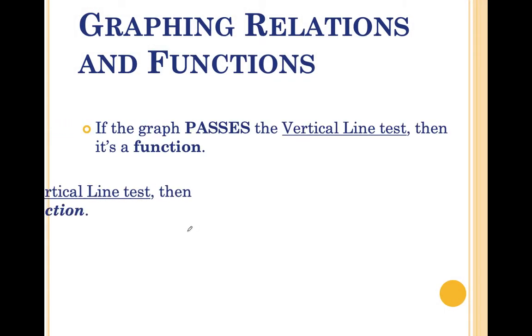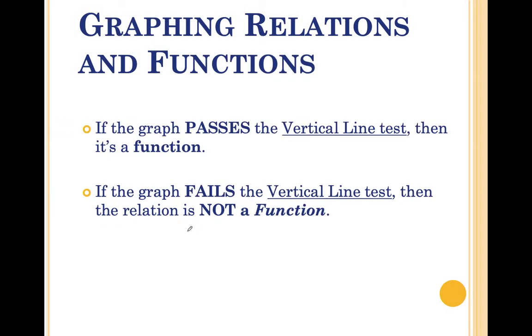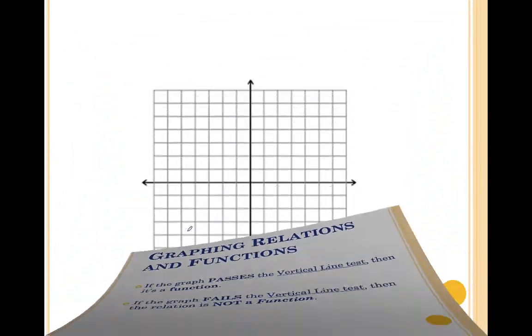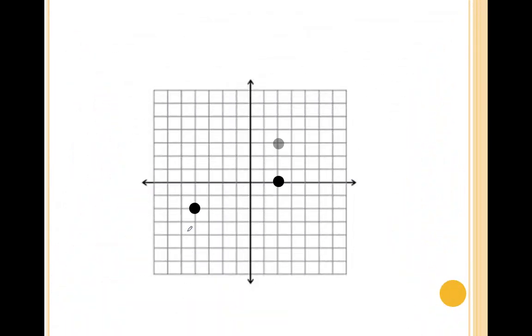If we're using a graph, we can use the vertical line test. So if the graph passes the vertical line test, then it is a function. If the graph fails the vertical line test, then it is not a function. So here's how you apply the vertical line test. Plot your points, and then you want to consider the fact that you do not want two points to be in the same vertical line at any one point.